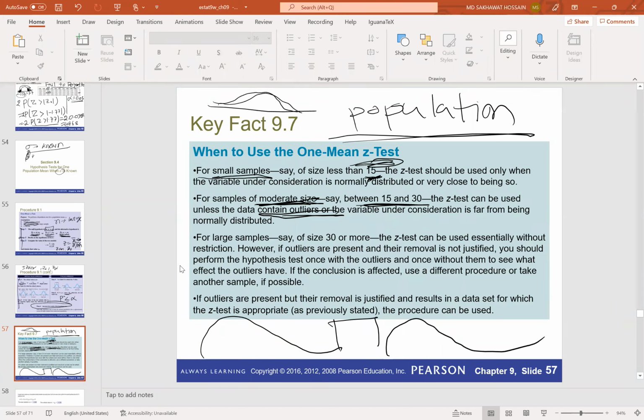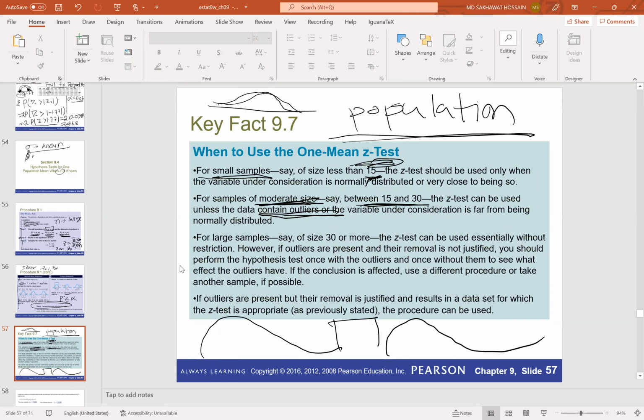However, if outliers are present and their removal is not justified, we cannot remove them, then we'll perform the hypothesis test with outliers and without outliers, and see whether we get different results or the same results. If we have different results, then we need to think about whether we should use the z-test in this case or not.